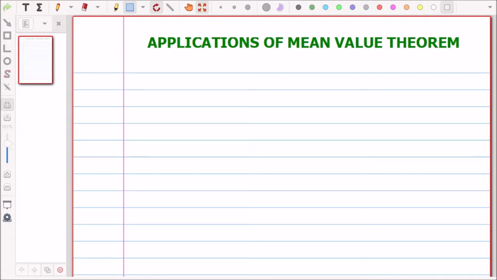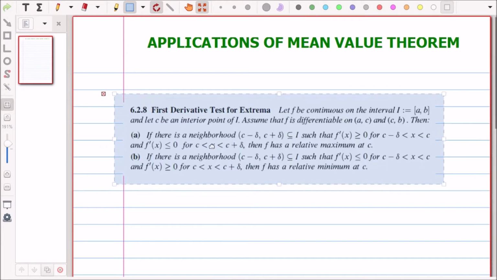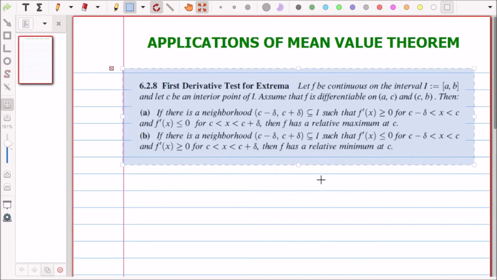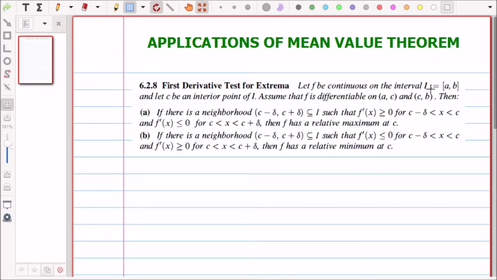Okay, so let me just share with you the first derivative test which we are going to prove now. So this is the first derivative test. What it says is that f is a continuous function on the interval [a, b]. C is an interior point of I. So C must be an interior point of the interval, and we assume that f is differentiable on both the intervals (a, c) and (c, b).